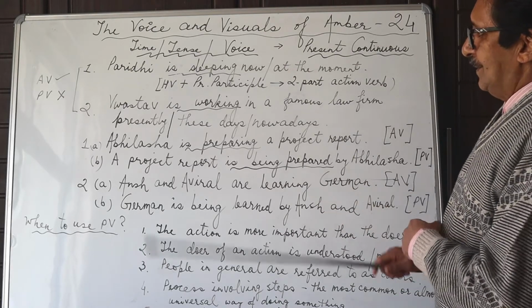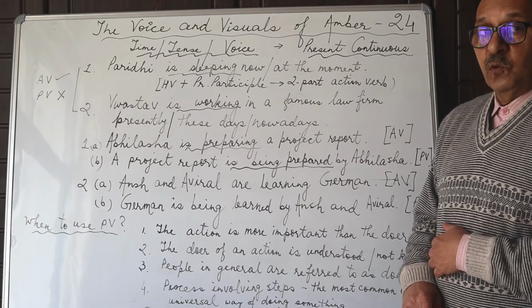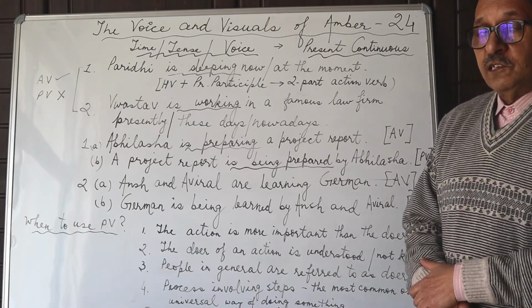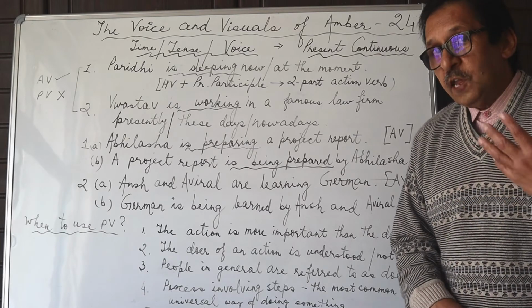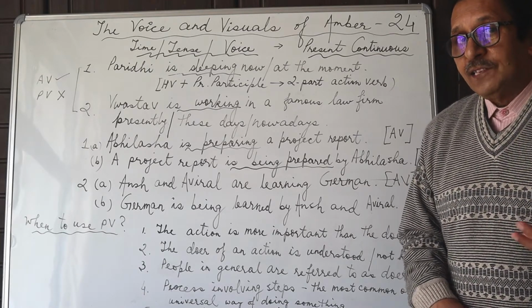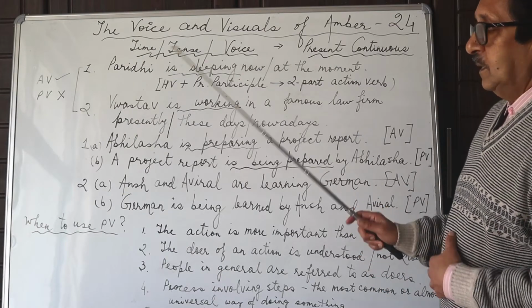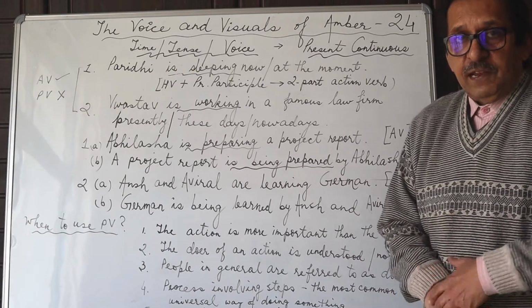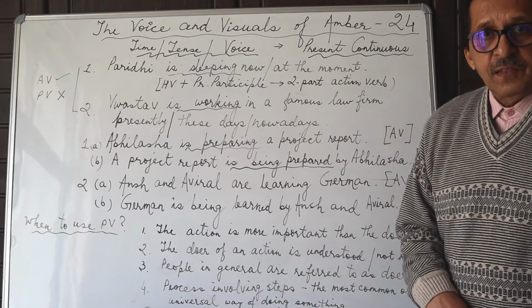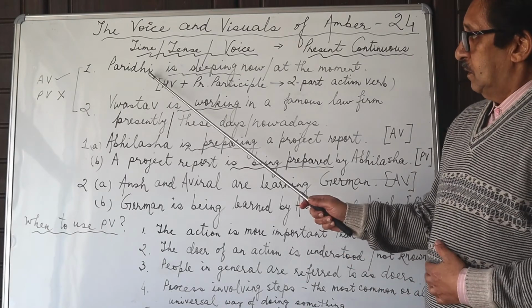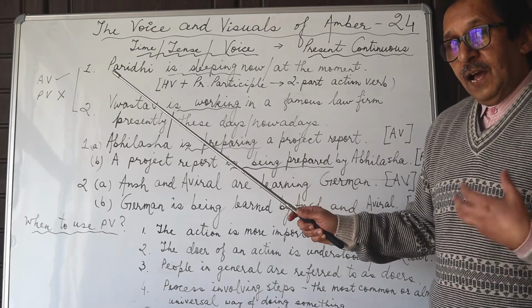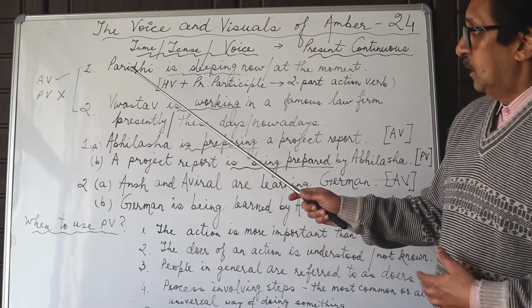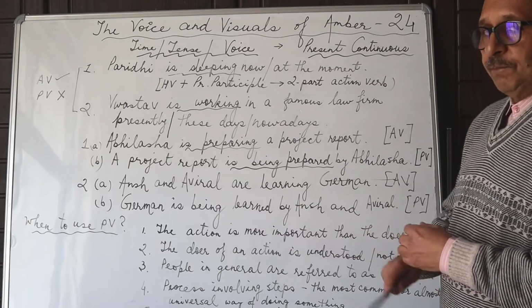So Paridhi is sleeping, and we use the present continuous tense to talk about an action which is going on at the same time as the communication. So right now I am communicating, I am talking to you. So at this point of time, while I communicate with you, Paridhi is sleeping.